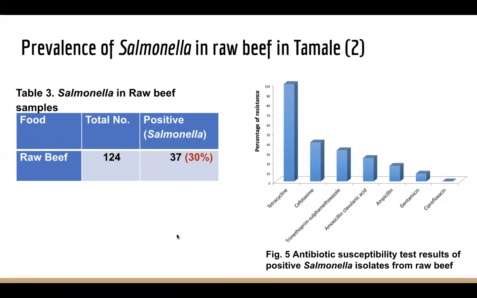People buy this meat from the market, take them to the kitchen, wash them, and spread the water around. So the issue of cross-contamination counts. If you buy an already contaminated meat from the market and you take it to the kitchen, you must handle it with care. If not, you can easily get this salmonella.